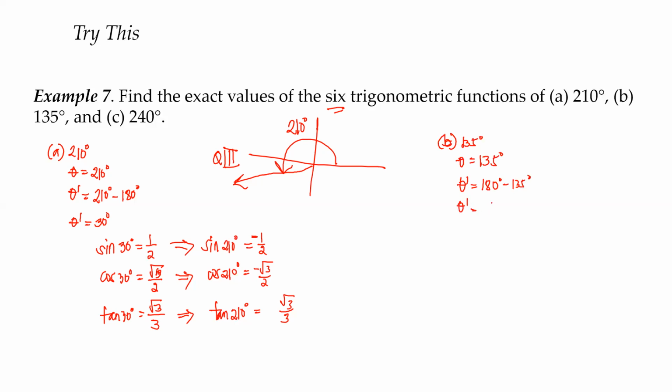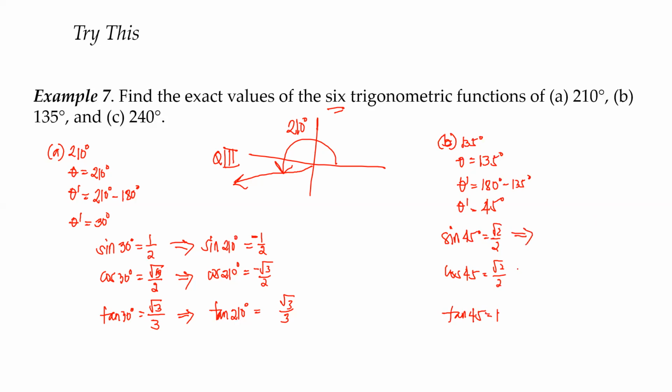So our theta prime is equal to 45 degrees. Right? And sine 45 is equal to square root of 2 over 2. Cosine 45 is equal to square root of 2 over 2. And tangent 45 is equal to 1.